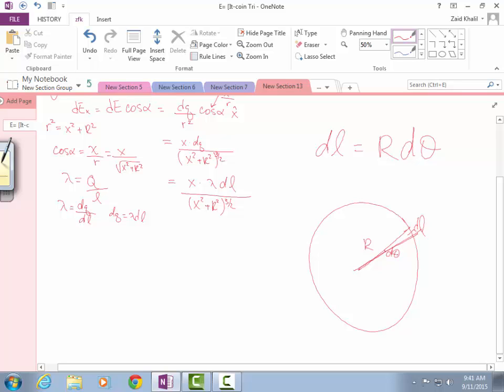And notice each of these dl's are equidistant. So you sum over all of them, and what do you end up with? 2 pi R. And there you have it. So what we end up with is x times lambda times 2 pi R over x squared plus R squared to the 3/2. And of course we have the 1 over 4 pi epsilon naught, I always forget that. That just goes through all the way.